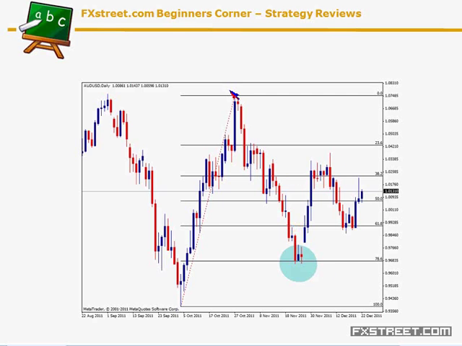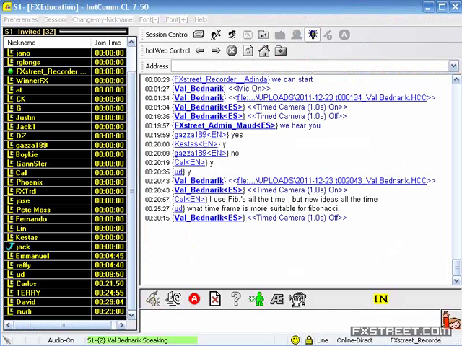So, if I'm not too greedy, this will be my last target if I decide to get into a selling position after the price broke the 38.2. Why? Because it's my last support for the current corrective movement in the middle of the bullish trend, right? Was that clear? Hope so.